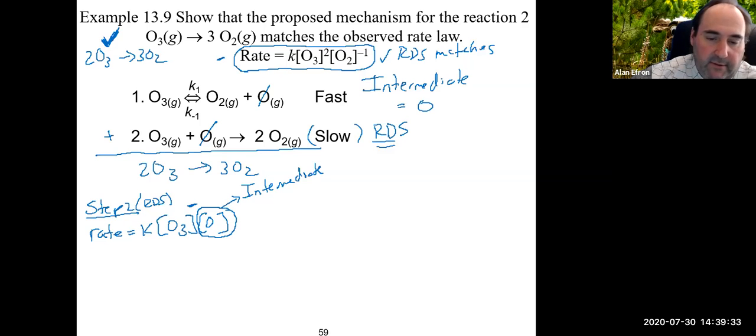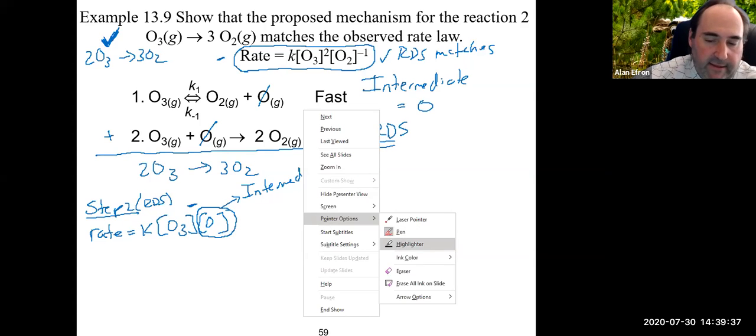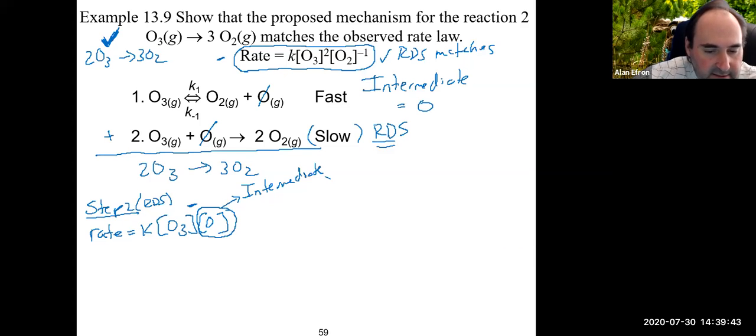So we have to do a little bit of math here. The purpose of this math is to get rid of the intermediate. The goal is to substitute out the intermediate for something else, and then hopefully get a rate law for this mechanism that has pretty much just the overall reaction species in there and no intermediates involved.